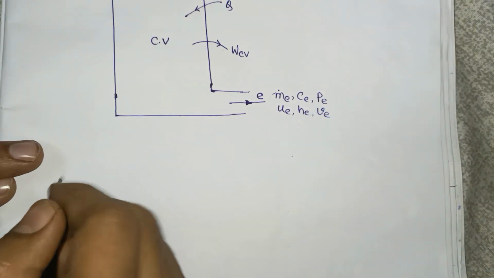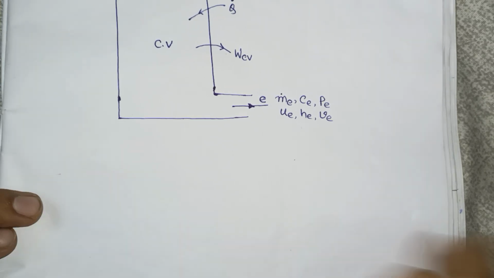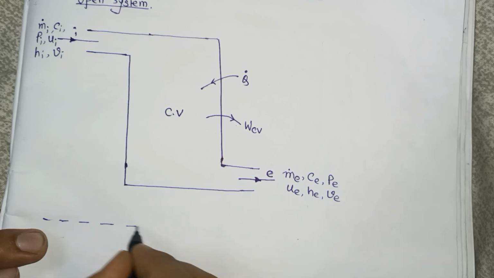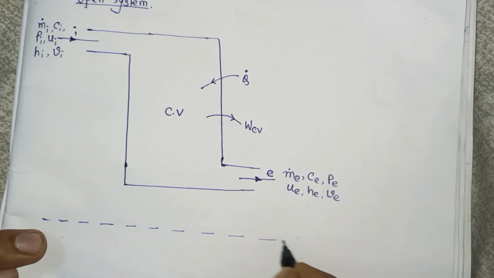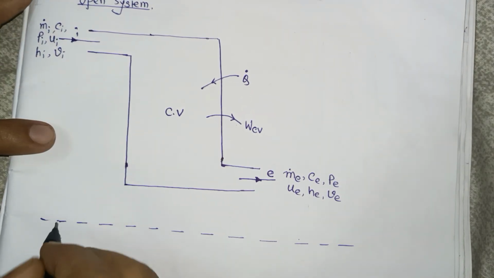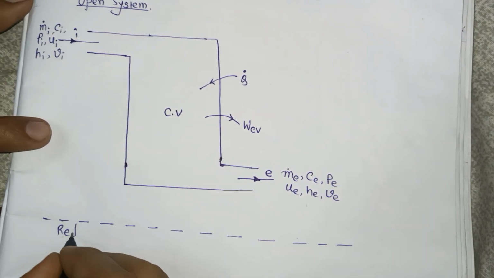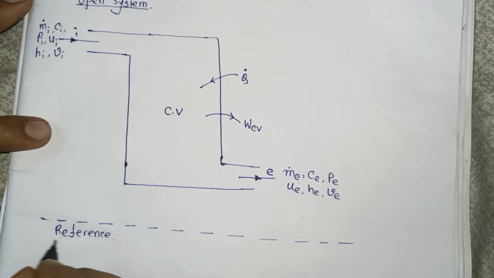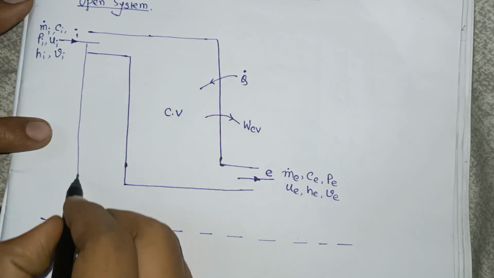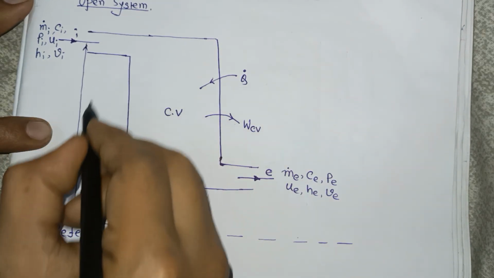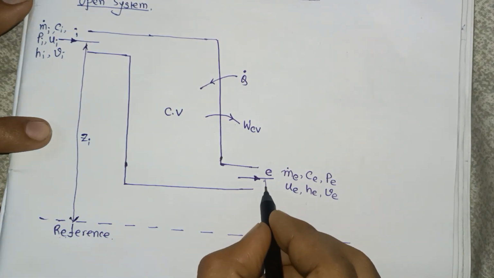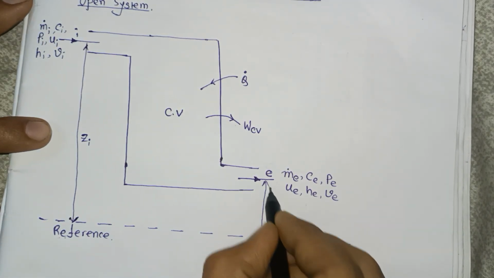Now suppose there is a reference line. The distance between this reference line and the inlet is Zi, and the distance between the exit and the reference line is Ze.